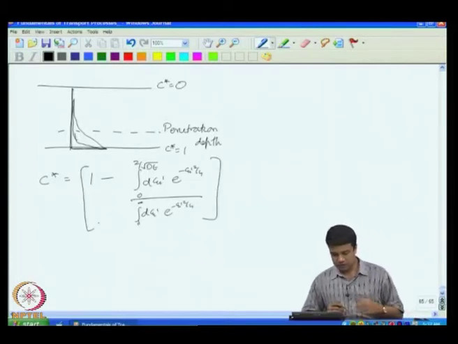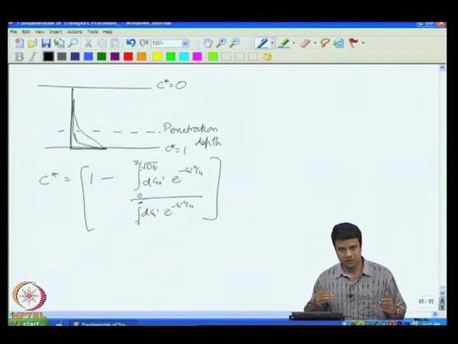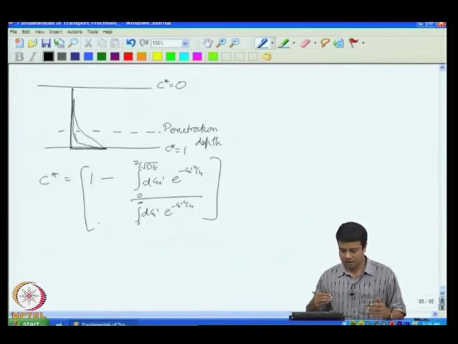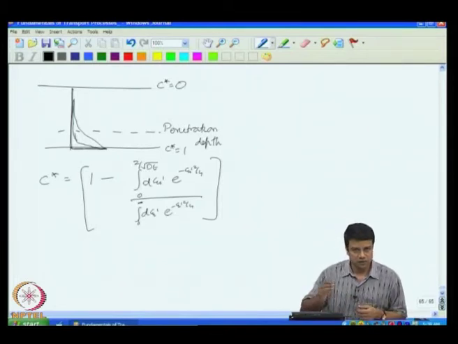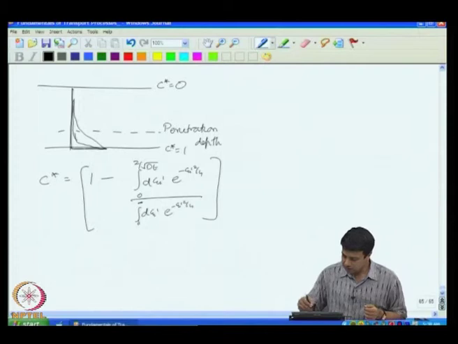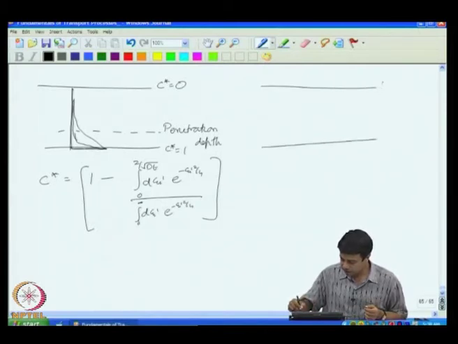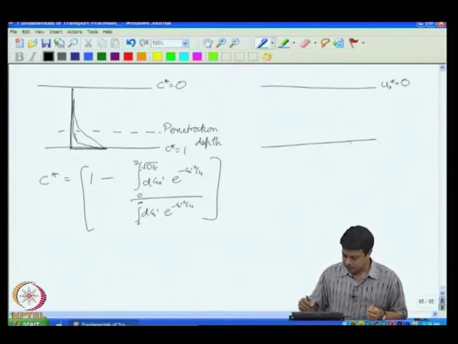So, in this case the concentration was 0 everywhere. At the initial time t is equal to 0, I set the concentration of the bottom plate alone equal to 1 and then watch the diffusion from there. Equivalent momentum transport problem. So, I have ux is equal to 0 everywhere.